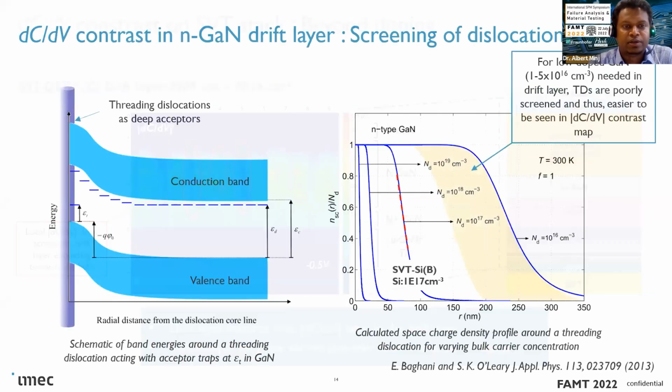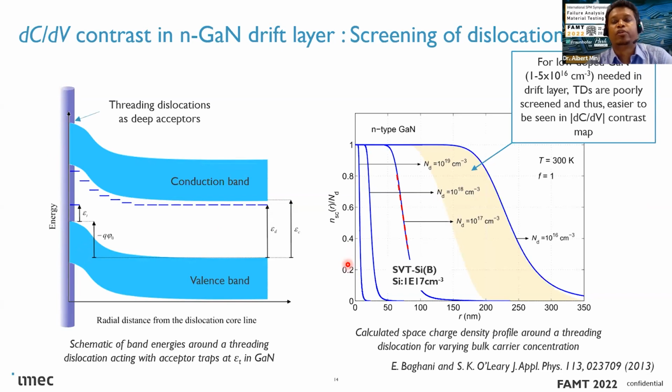And so now we wanted to understand why we can see threading dislocations for lower carrier concentration, but not for higher concentration. So this can be understood from the work of Bagani and his colleagues who made a calculation of the space charge density around threading dislocations, in case they're acting as deep acceptors.